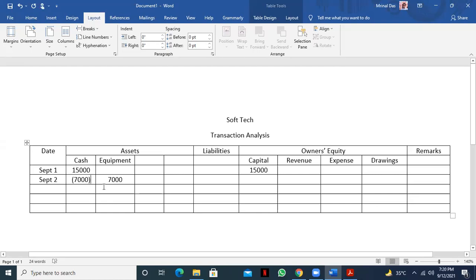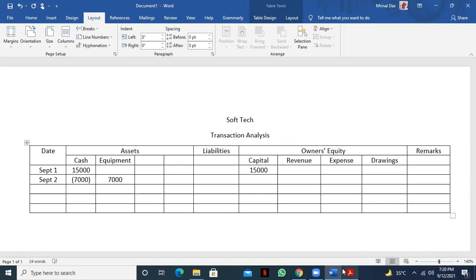So there is no change in the asset. Ultimately, plus minus, that is 0. The effect is 0. There is no change in liabilities. There is no change in owner's equity. So still our equation is equal, right? Is it clear? Yes, sir.